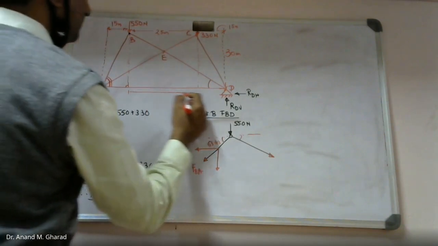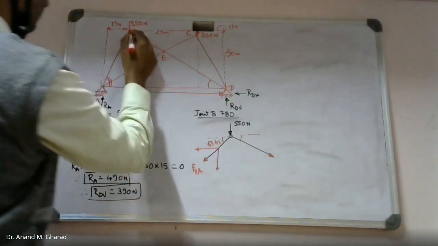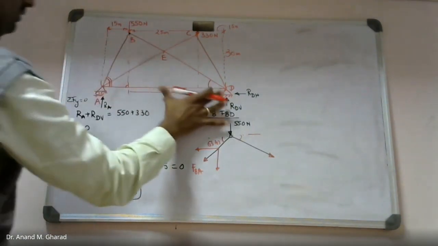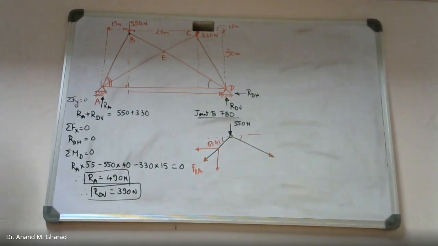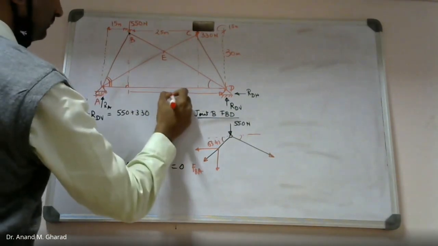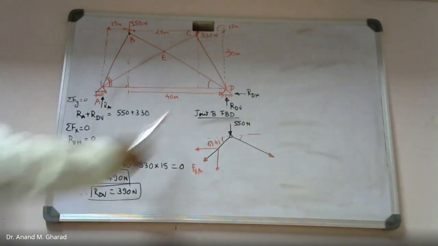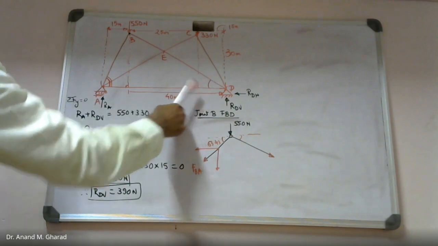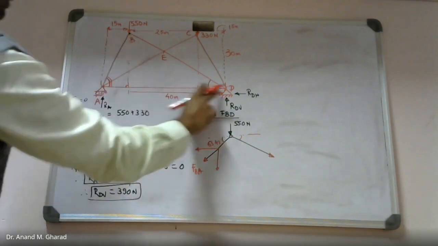This distance vertical is 30. How much will the horizontal distance be? 40 meter. So this angle will be tan inverse of 30 by 40. Am I right?